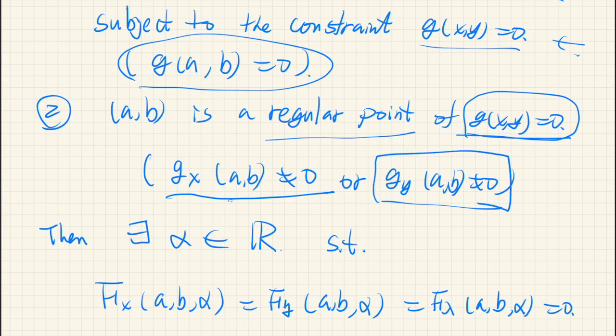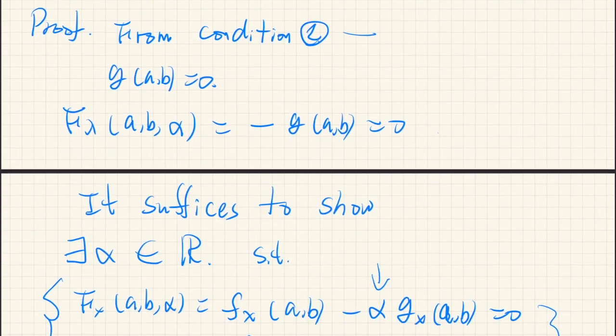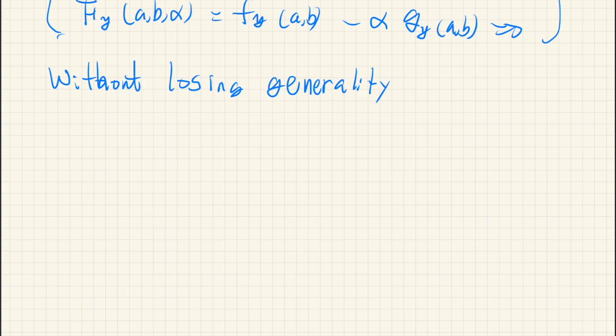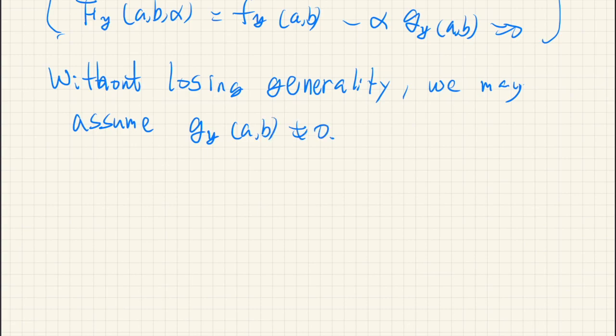Without losing generality means we may assume either this or this, but if this doesn't hold, then we can just switch the roles of x and y, and the same argument applies. So we may assume g_y(a, b) is non-zero.